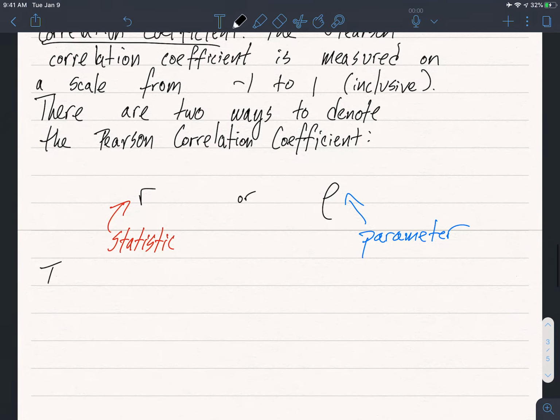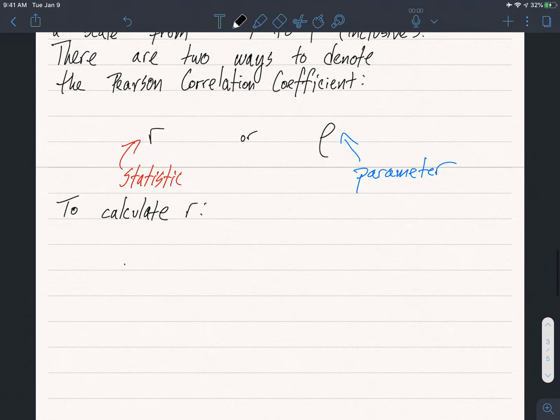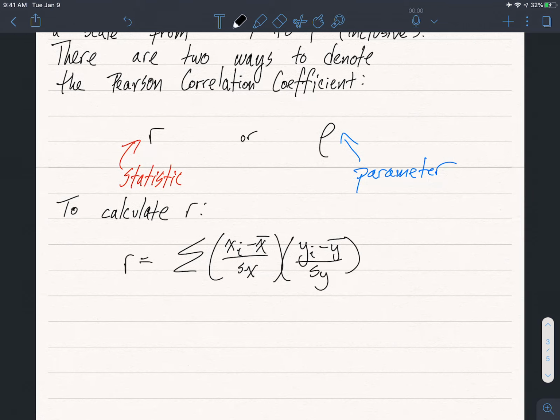So, to calculate the Pearson correlation coefficient, which I'm just going to abbreviate as R now, R is equal to the sum of the x's minus the mean of the x's divided by the standard deviation of the x's, times the y's minus the mean of the y's over the standard deviation of the y's, and all of that is divided by degrees of freedom, n minus 1.